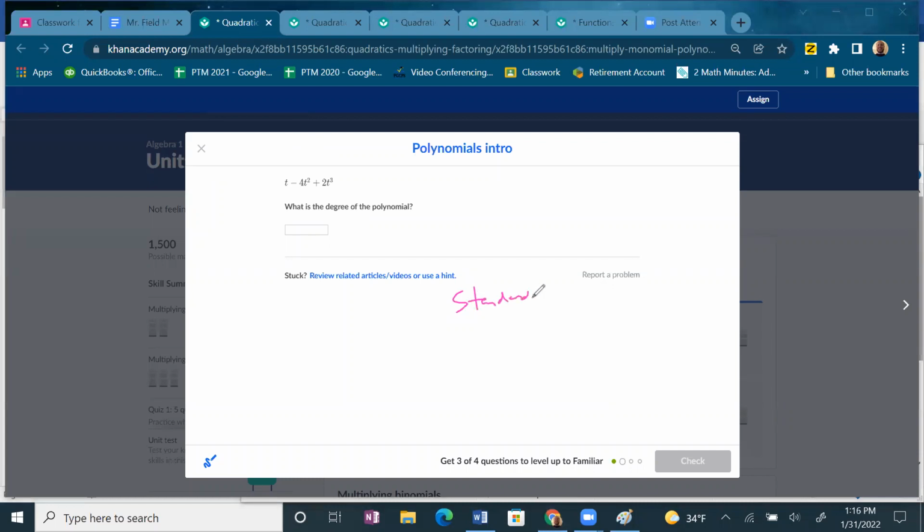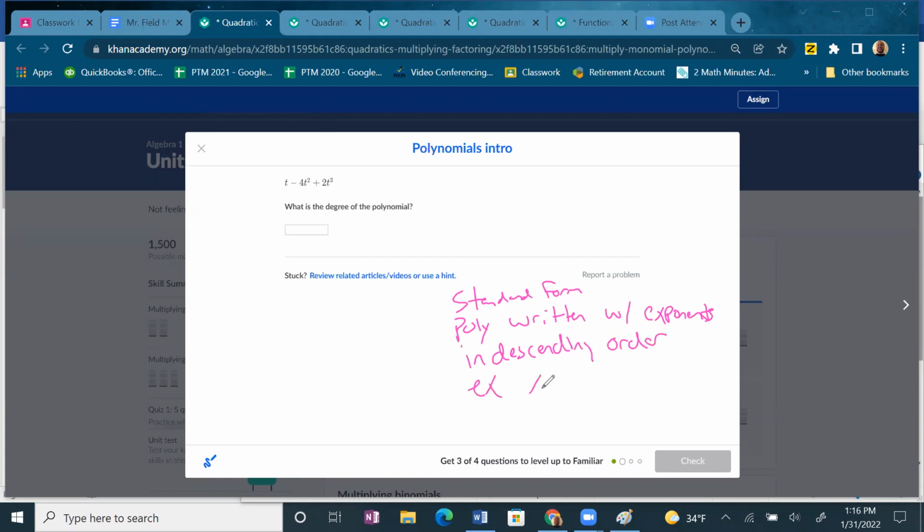Standard form is a polynomial written with exponents in descending order.